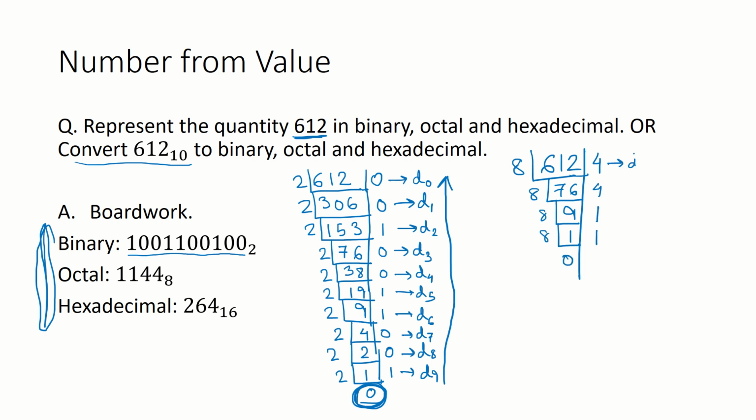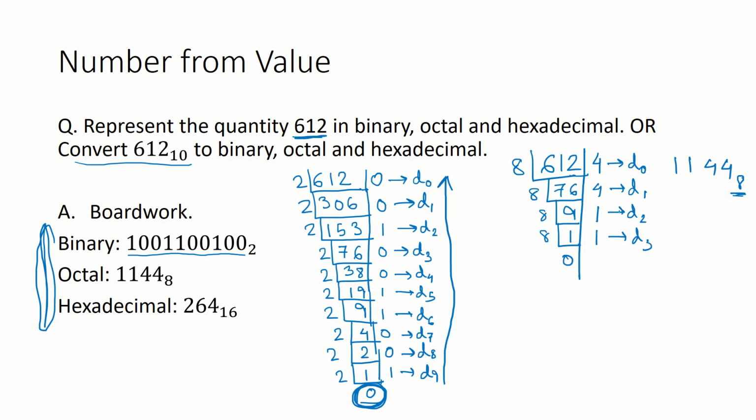So, this is D0, this is D1, this is D2, this is D3. The number becomes 1144 in octal. So, this you have to write, this suffix you have to mention.